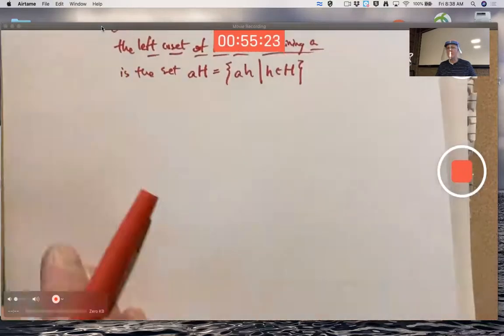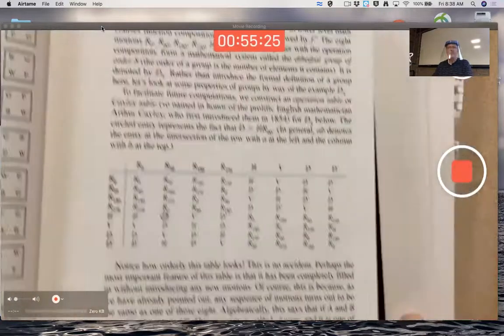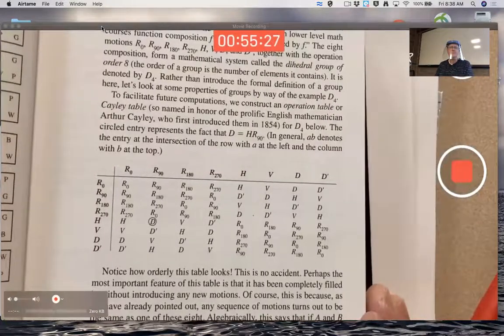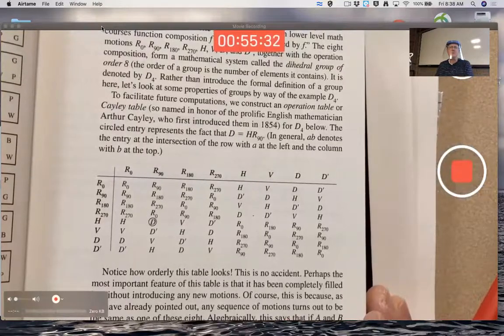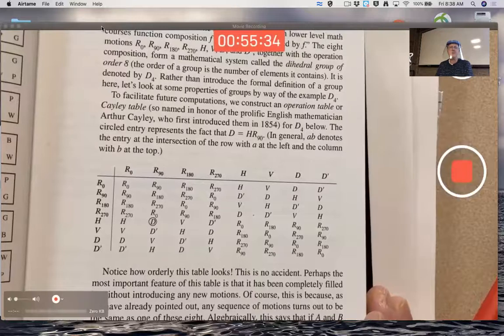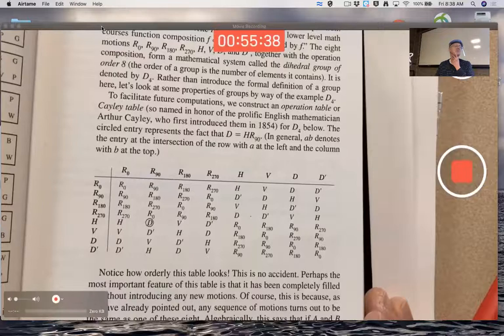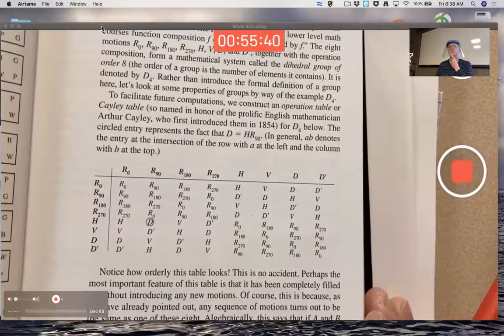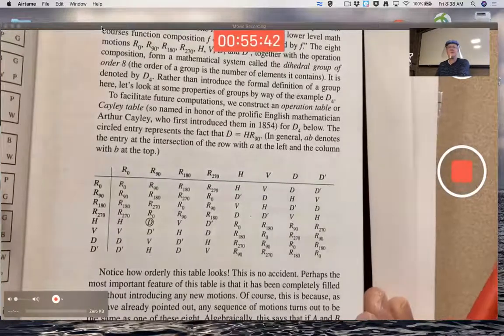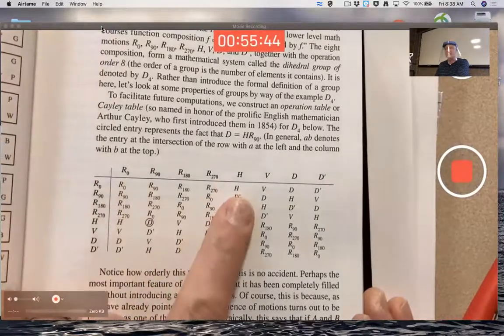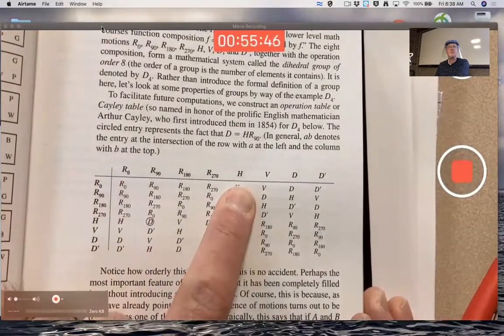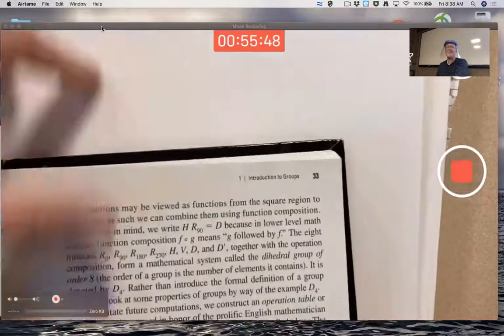So, for example, coming back to D8, let's take an example subgroup. How about the subgroup containing R0 and H? A subgroup of order 2. And by H there, I mean the horizontal reflection, not a subgroup.